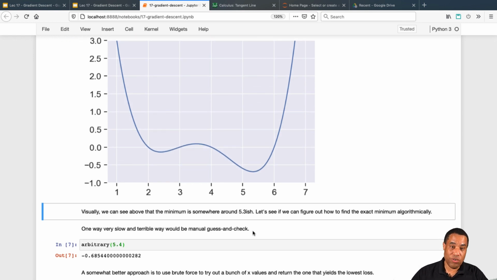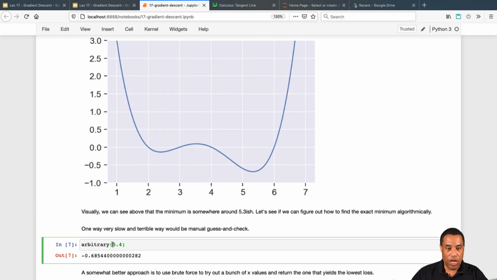Now, instead of doing it algorithmically, we could just start by plugging in values to our function. So let's start with, let's say, 4.9. That's a value of negative 0.5454. All right, so let's try a little bit to the right. We'll try 5.1. Okay, so we went down.